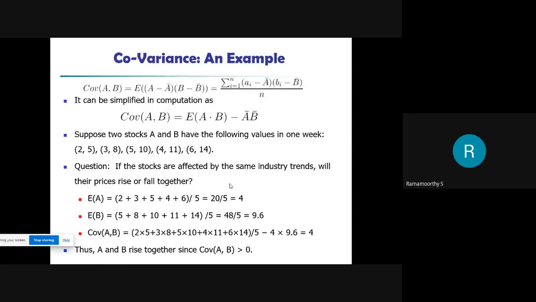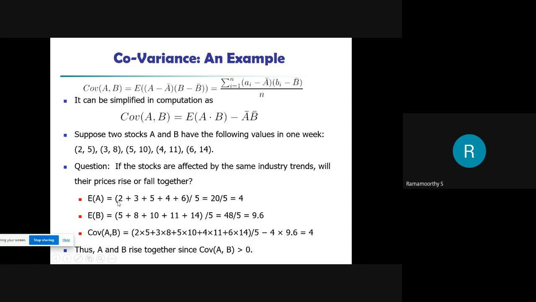So what may be the query? If the stocks are affected by the same industry trends, will their prices rise or fall together? So how do we calculate the covariance for the given two stocks A and B?